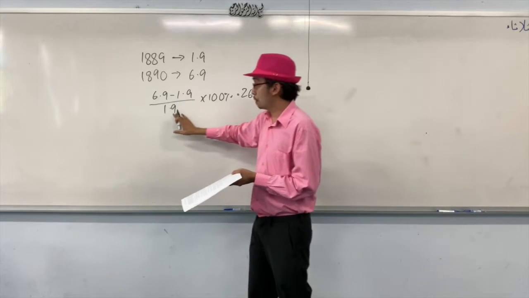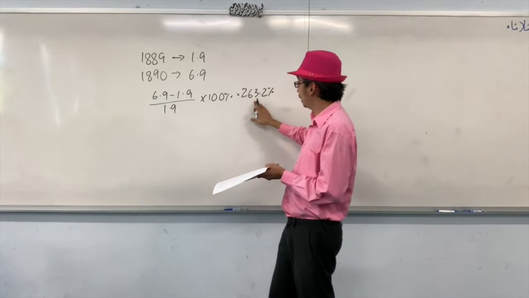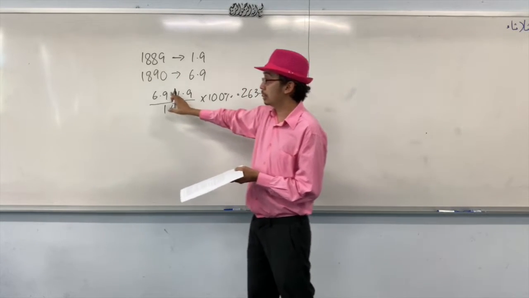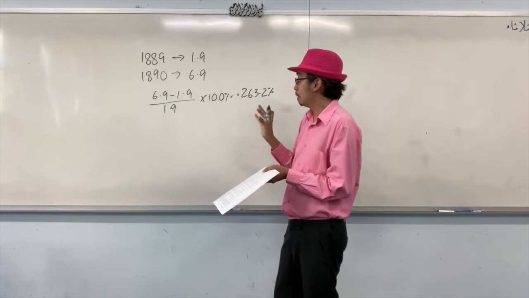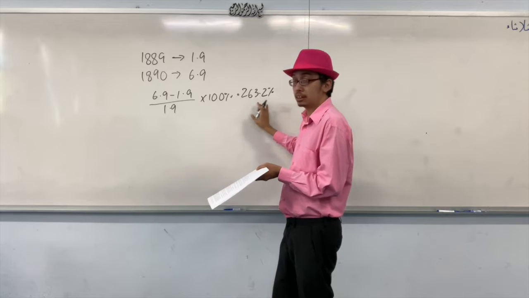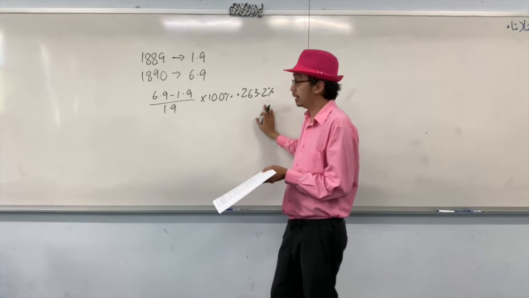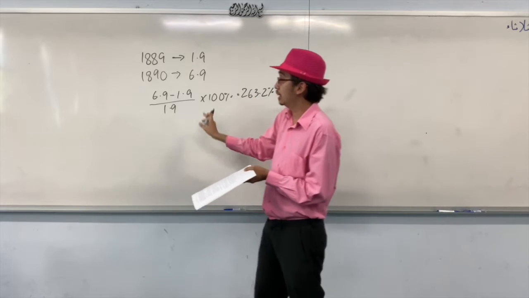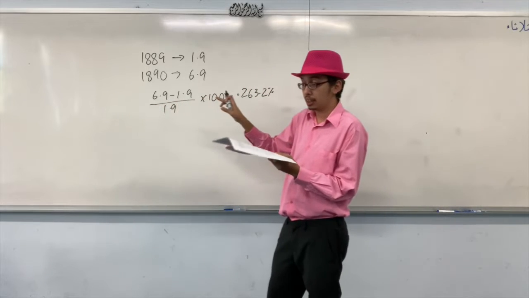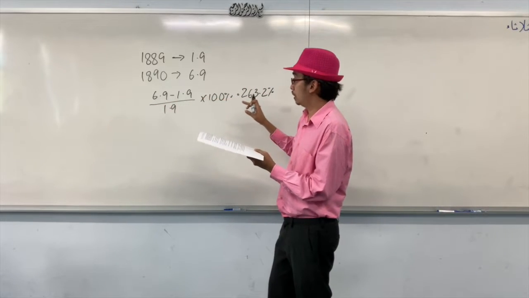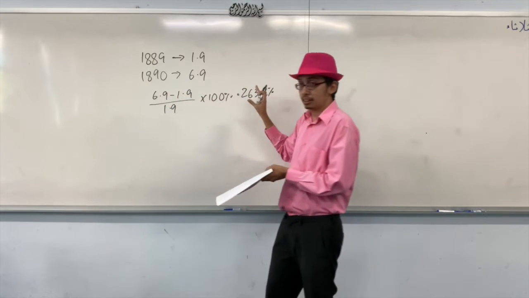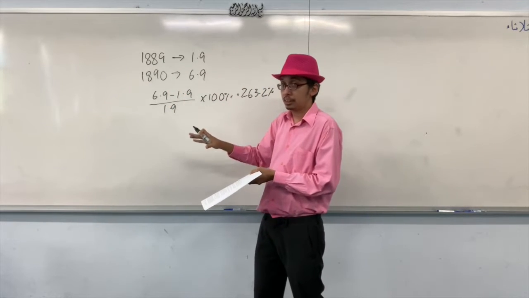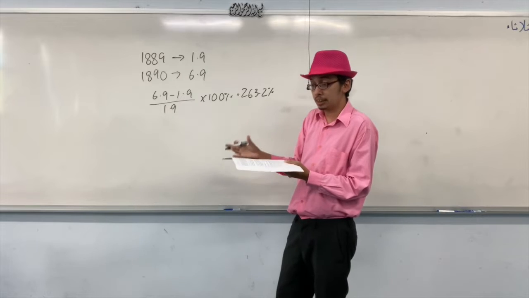Only if you take 1.9 times 3.632 will you get back your 6.9. So you need to be careful, because you cannot write down 2.632. That's only the difference, not the number you arrive at. After 6.9 it's another 3.63, another 3.63, another 3.63. That's why it's a geometric sequence.